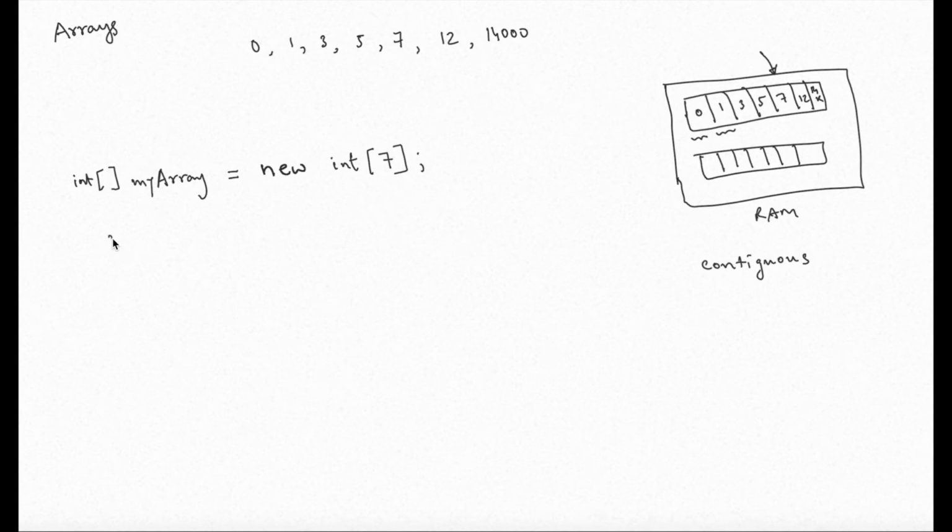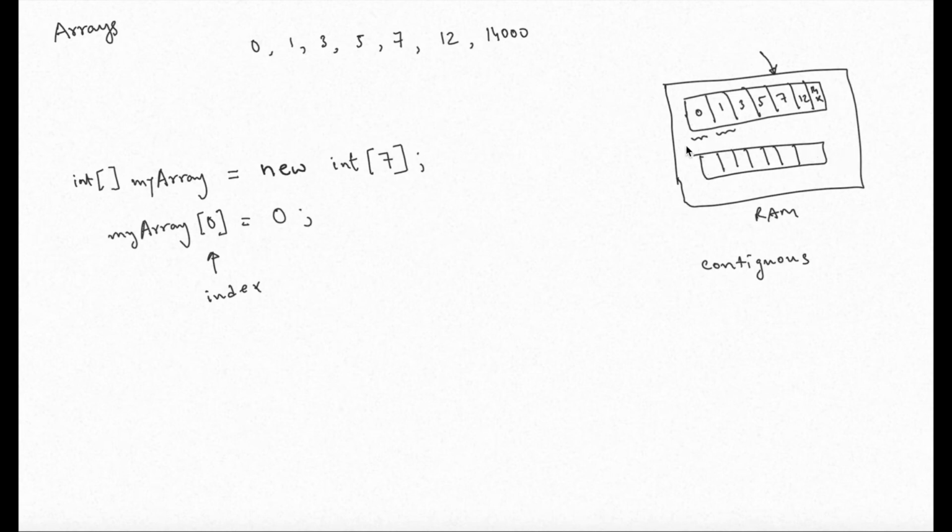So we can say myArray, and in square brackets, 0 equals 0. This is actually called an index. The indices of an array allow us to access the different elements in the array.